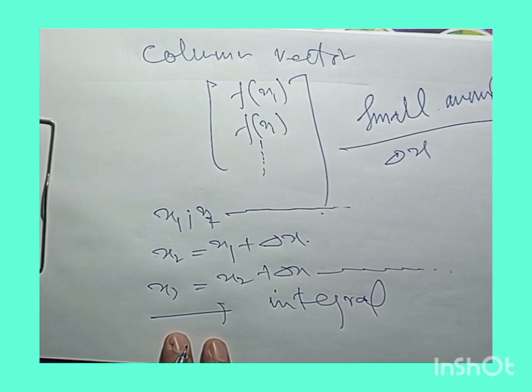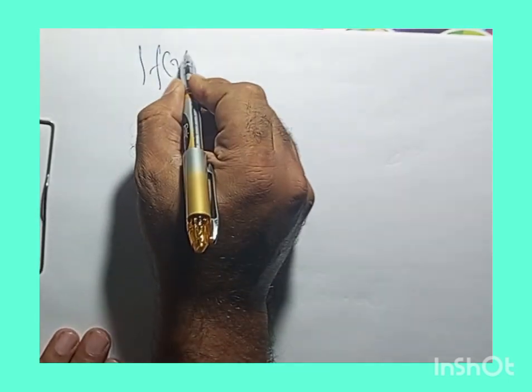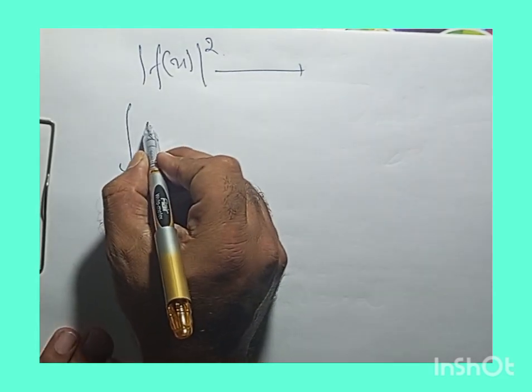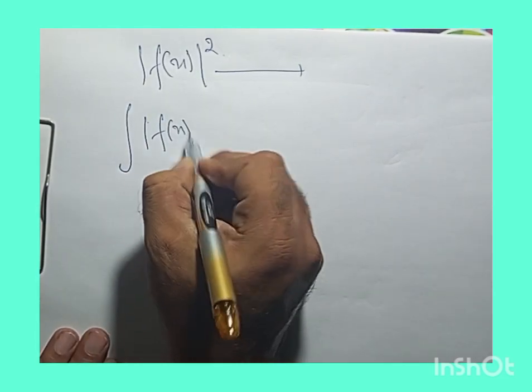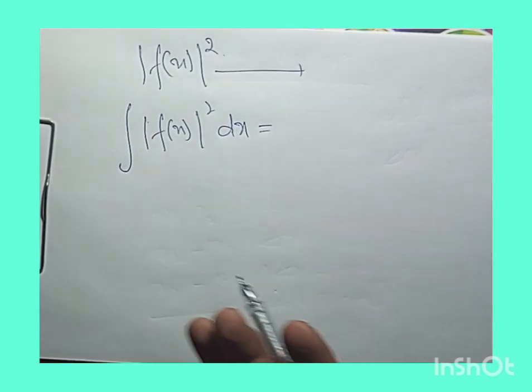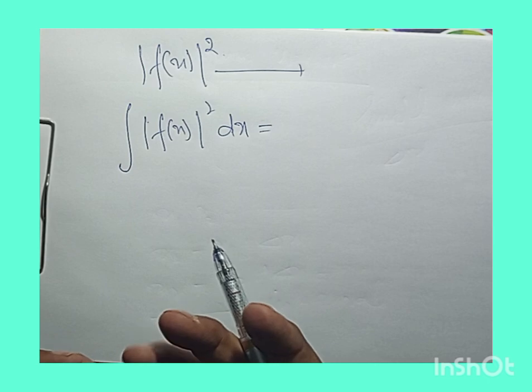The right argument here will be an integral. If I take the mod of f of x whole square, its integral can be written as the integral of mod f of x squared dx. And how can we write it in terms of matrices?